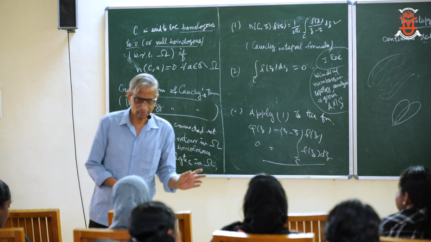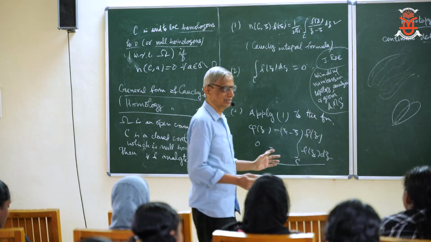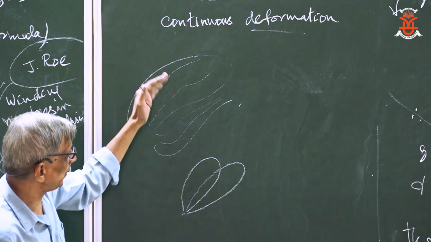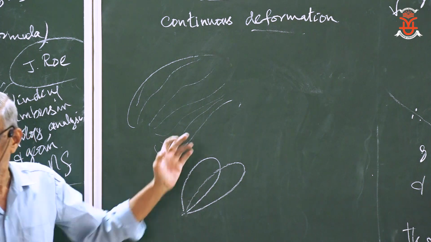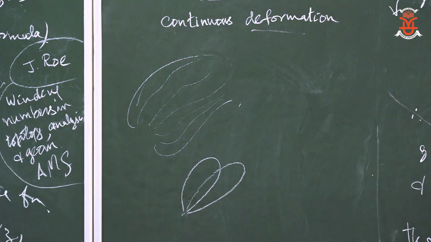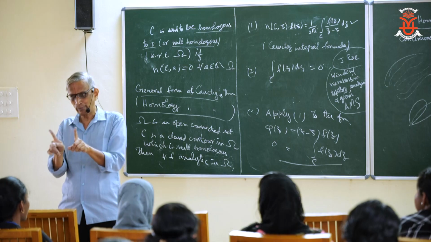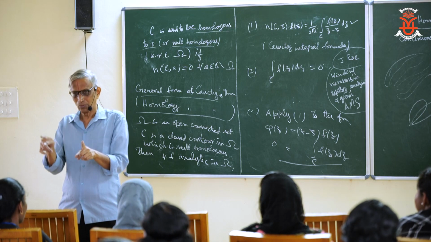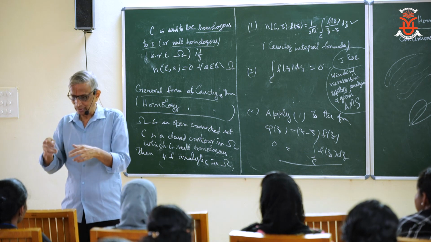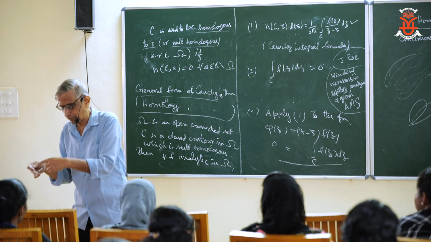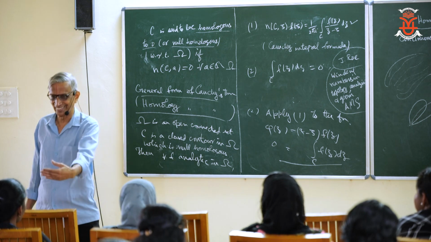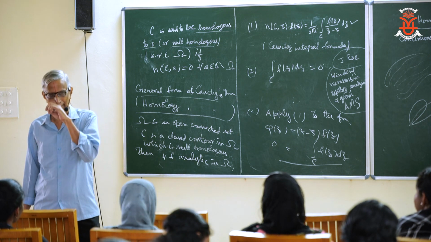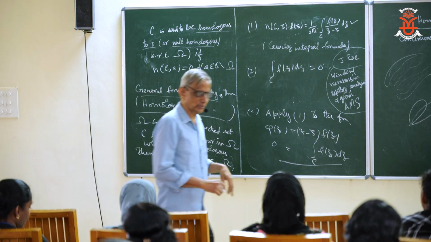How do you put it mathematically? You have a continuous family of curves, right? Starting with one and ending with the other. So in other words, there are two parameters involved now. One for each curve and another for going from one curve to the next curve. Okay, so it's a function of two variables.